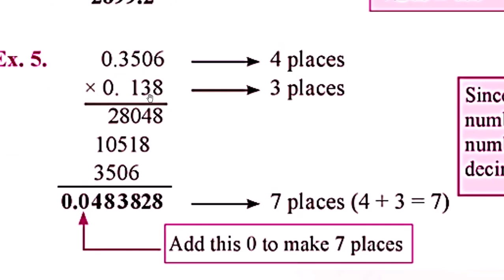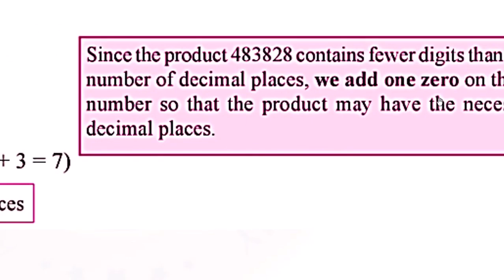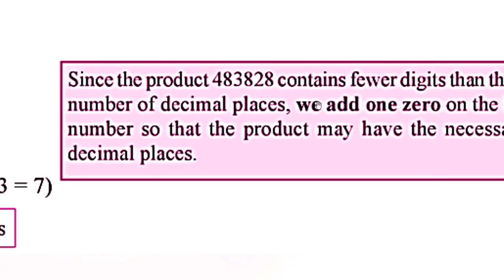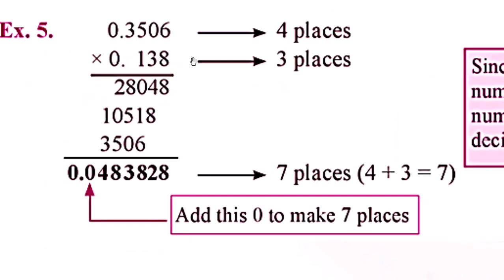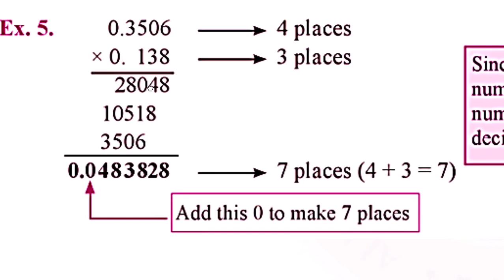0.3506 and 0.138: 4 places, 3 places. So what we have to do? First we multiply with 8, next with 3, next with 1, and we will add all. 1, 2, 3, 4, 5, 6.